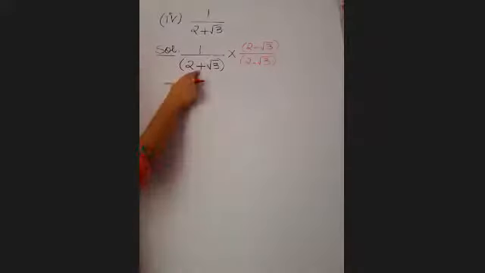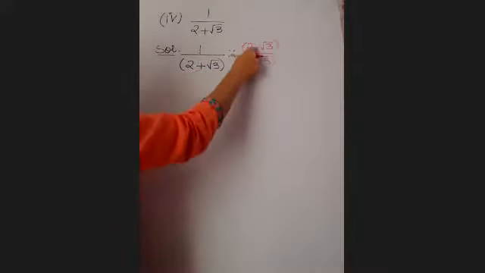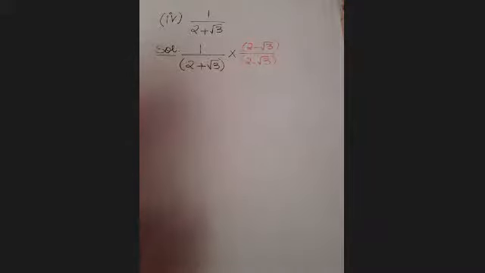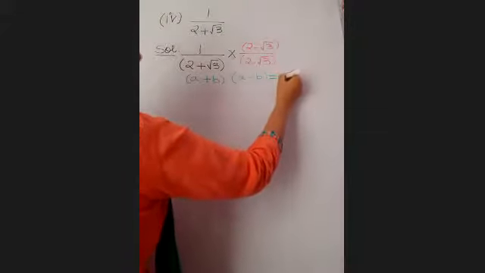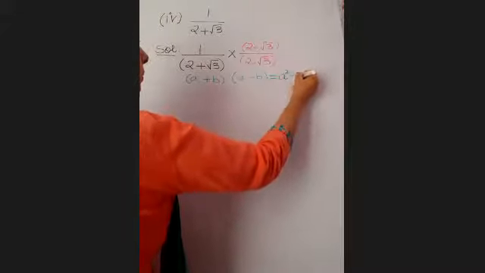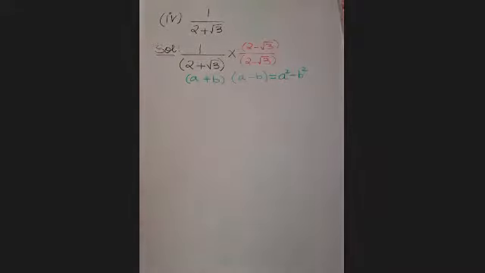If it is plus, we will multiply and divide by minus. If it is minus, we will multiply and divide by plus. This is a plus b, a minus b, which becomes a square minus b square.